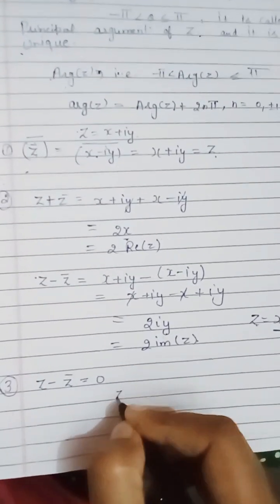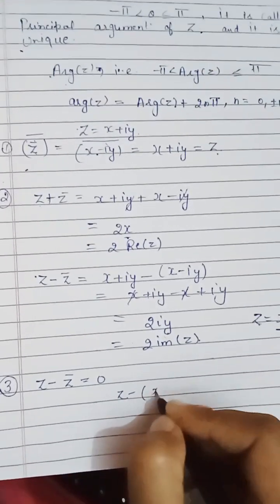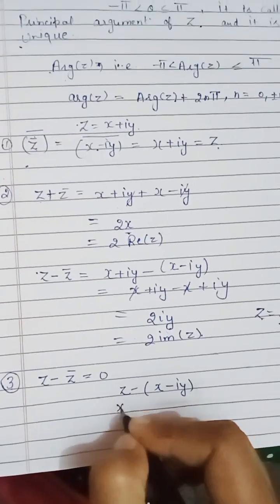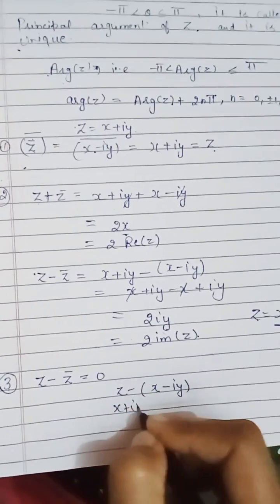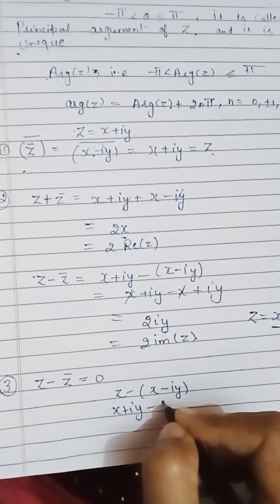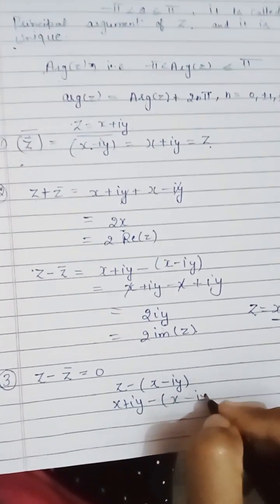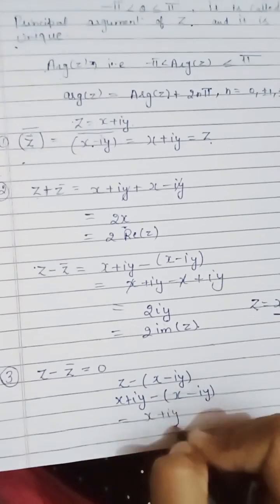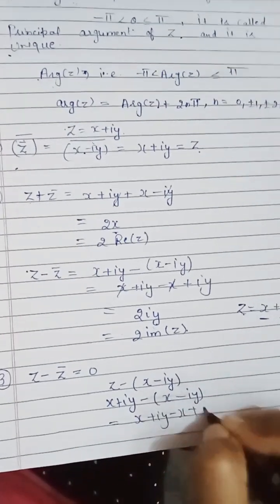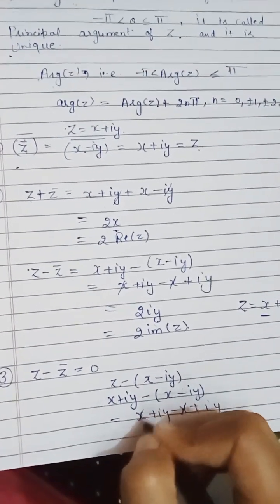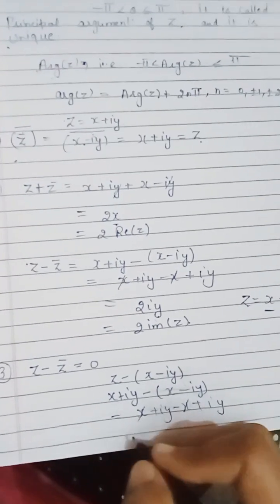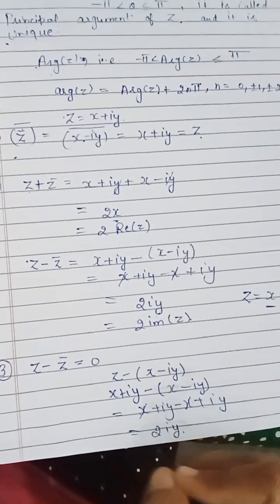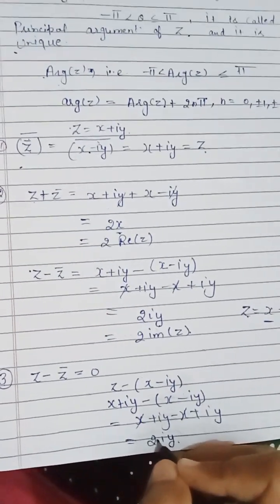Let's do it. z minus z conjugate, that means putting the value of z, x plus iota y, and minus x minus iota y, then x plus iota y minus x plus iota y, and this will cancel out, and we have the term 2 iota y. That means we get only the imaginary part.